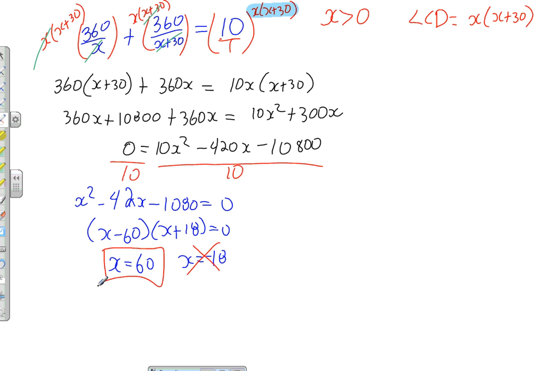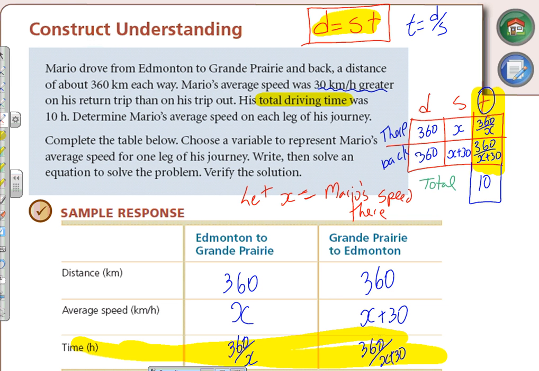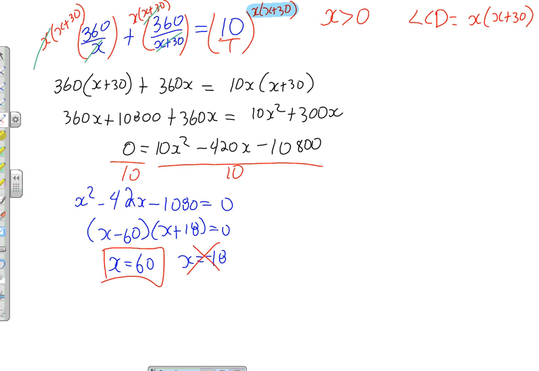We defined x to be Mario's speed there. 60 kilometers per hour there, plus 30 on the way back, 90 on the way back. Hey, those are acceptable speeds. So that's the average speed. So we need to have written question, written answer.